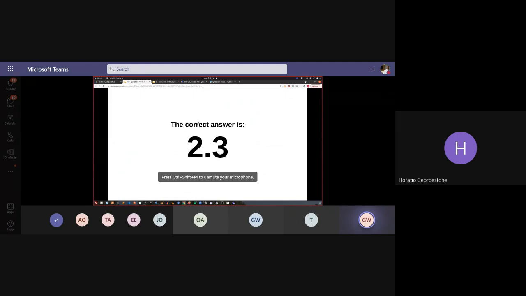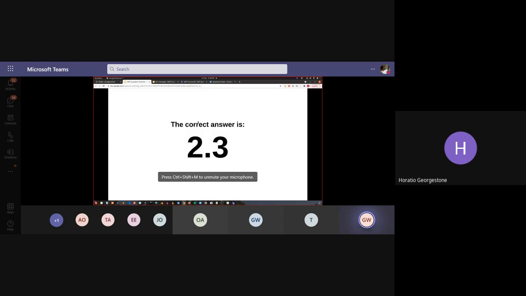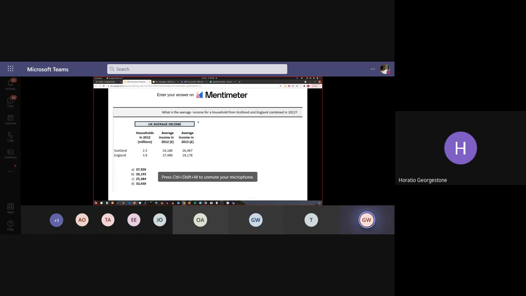So well done to the 2 people who got that right. 3 people, the third one just came through. So all we have to do is add all the numbers together and divide by the number of numbers. There's 7 numbers in this case, and so when we add them all together, it gives us 16.1. Divide that by 7, we get 2.3. Okay, so that was just straightforward calculating the mean.